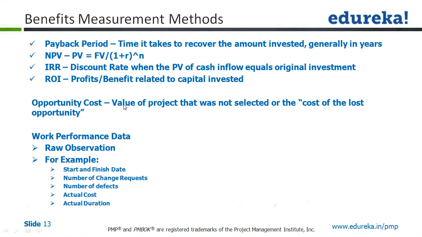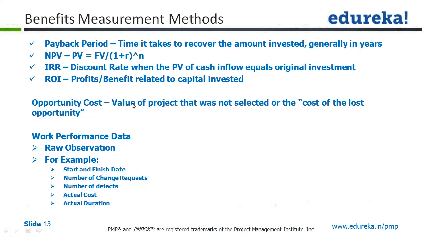The third is called the internal rate of return, which is also called a discount rate at various places. What that means is the percentage return the project is giving us.